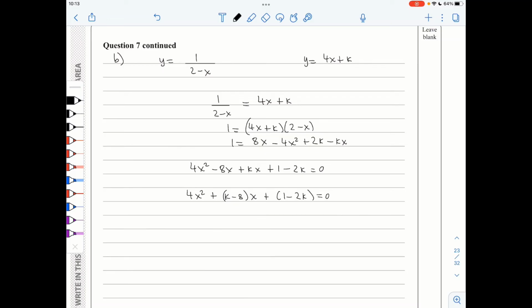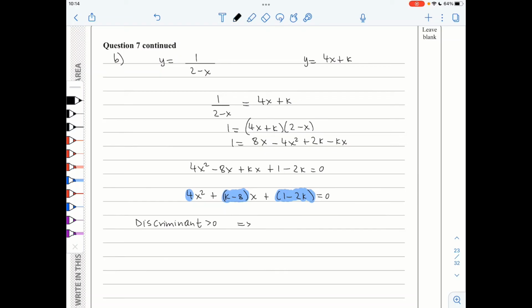Now, for two distinct cuts, it means that the discriminant is greater than 0. So that we have two distinct solutions. And the discriminant is b squared minus 4ac. These are the coefficients here, the a, the b, the c.